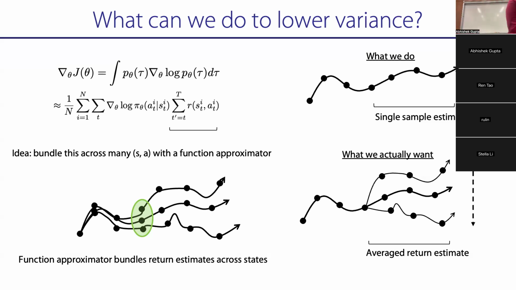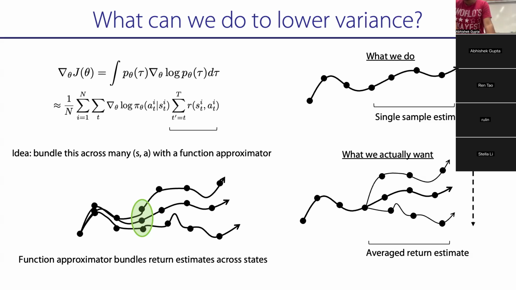Okay, but the intuition here is we want to get to a multi-sample estimate. We'll never get back to the same state, but we can learn a function approximator, which is going to take in your state and your action, and estimate how good that action is at that state over the long term. That is the essence of actor critics.